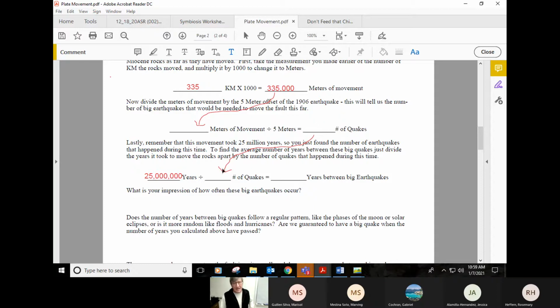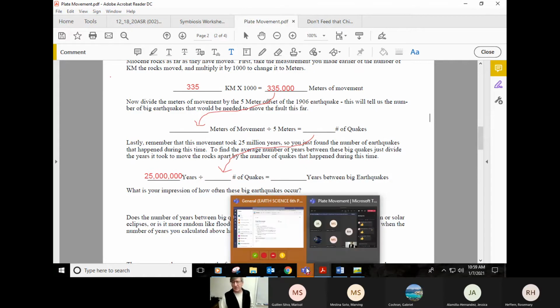And if we divide that into the number of years that have passed, we can figure out how often those earthquakes happen, how many years between big earthquakes. So what's your impression of that frequency of the earthquakes? Once again, give me a thumbs up when you're ready to move on from there.